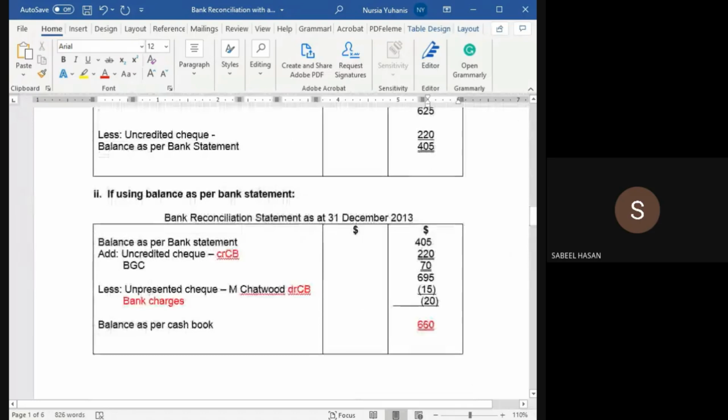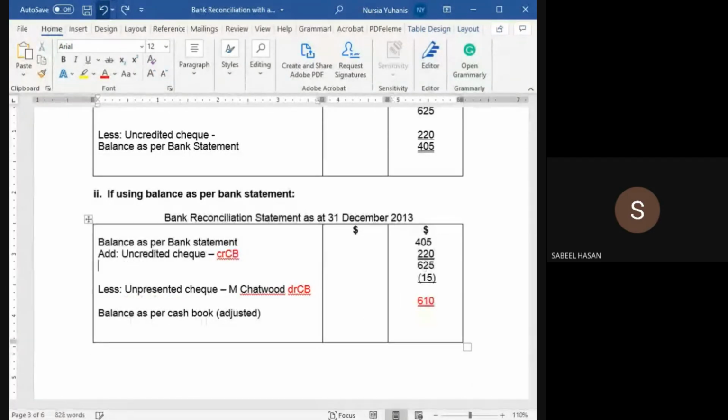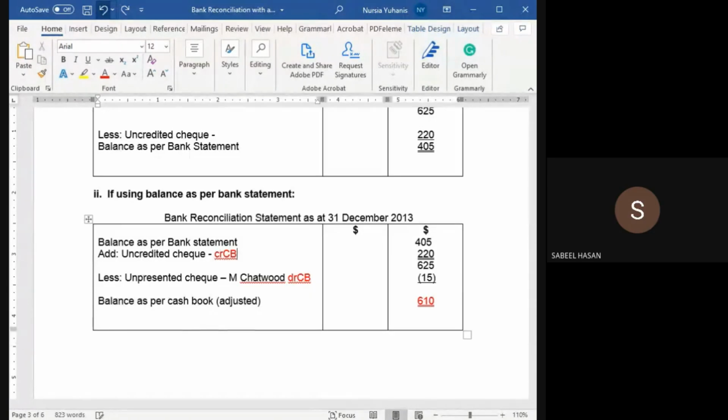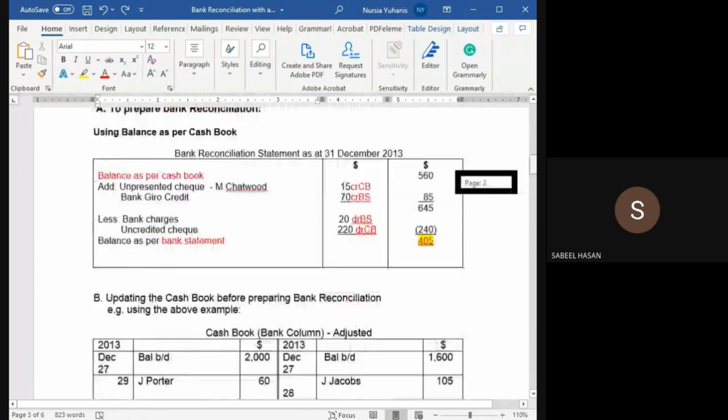So this method cannot. I just wanted to test. I thought we could prepare it without the adjusted cash book, but actually you cannot.